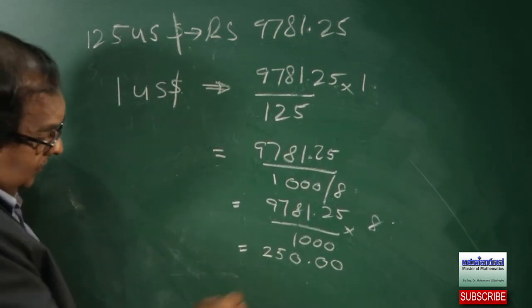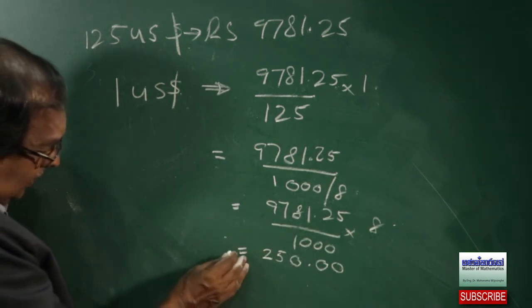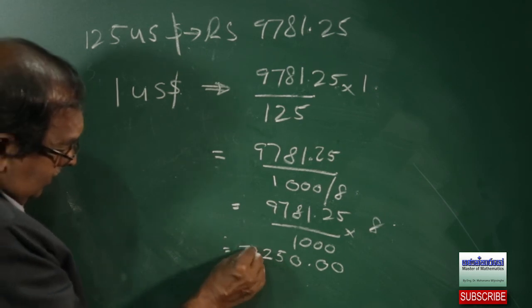Balance 6 is there. 8 into 9 is 72, 72 plus 6 is 78.